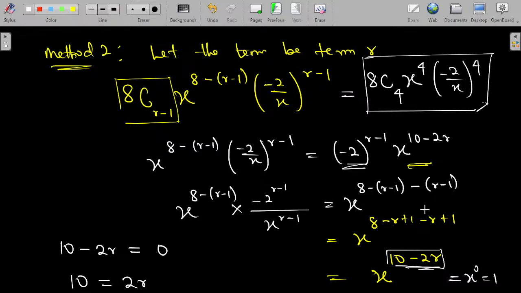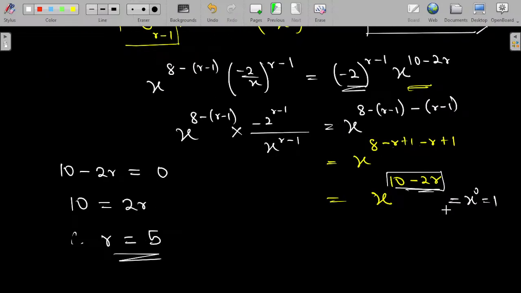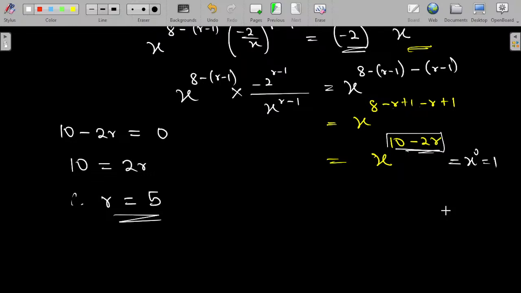Okay, so this is the second method which they asked you to use to complete that exercise. That completes part 2 for us, and we got our r there as 5.